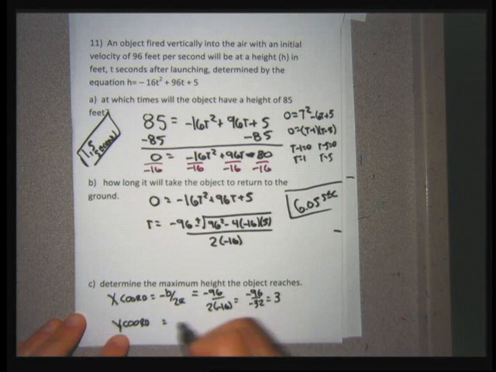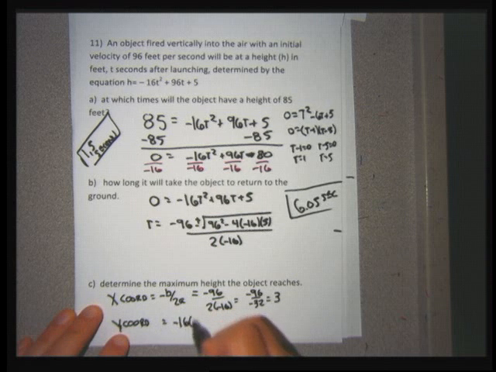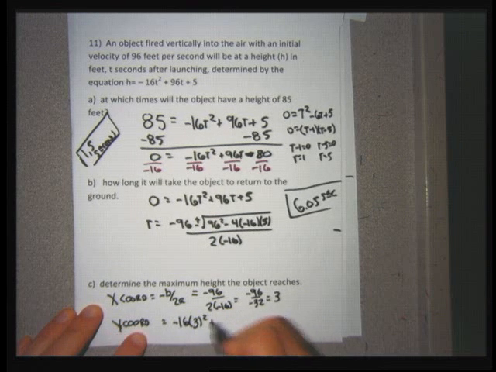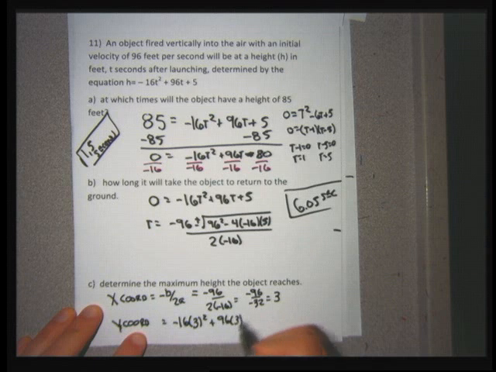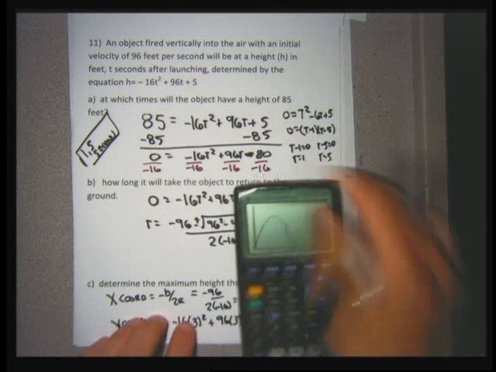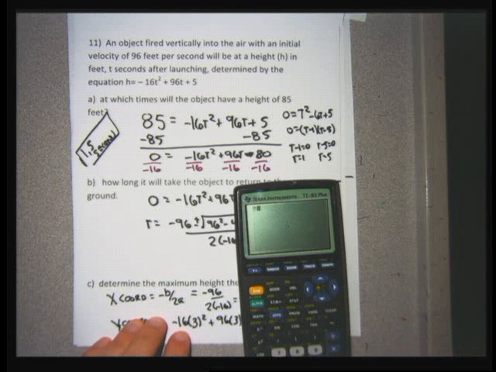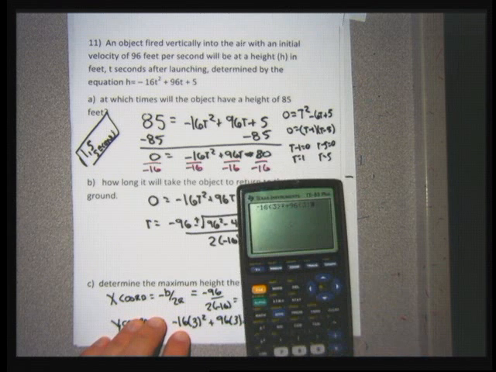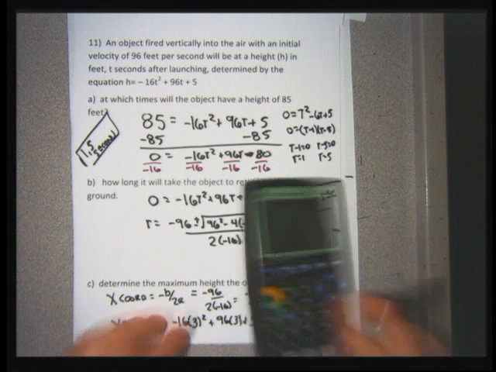And when I plug 3 in, go negative 16 times 3 squared plus 96 times 3 plus 5, I'll actually get the maximum height. So if I do this, negative 16 times 3 squared plus 96 times 3 plus 5, I get 149 feet.